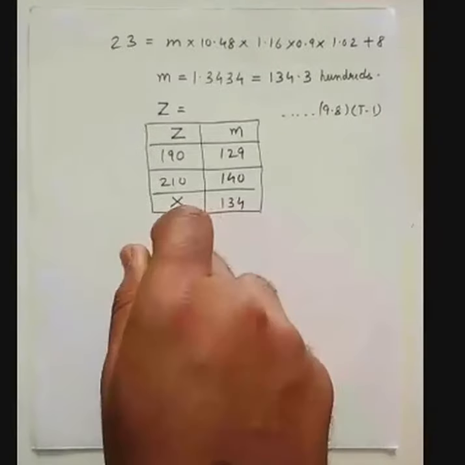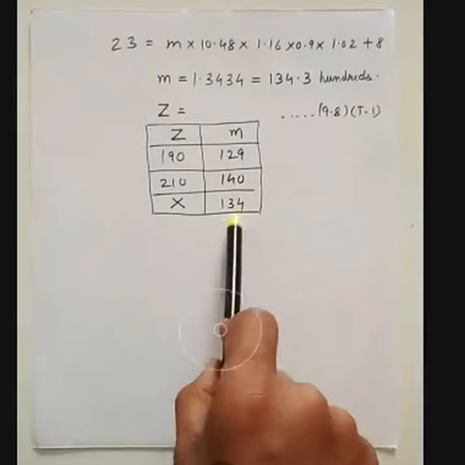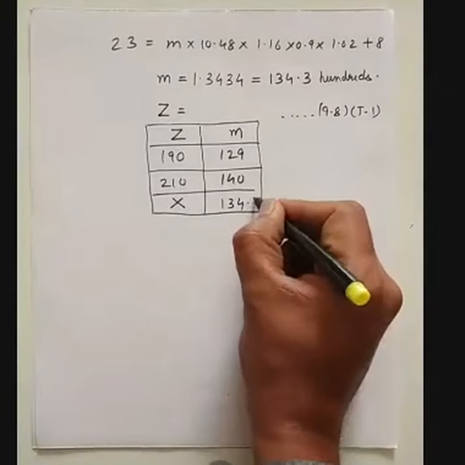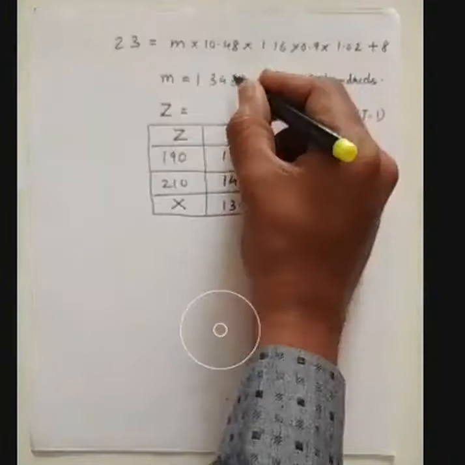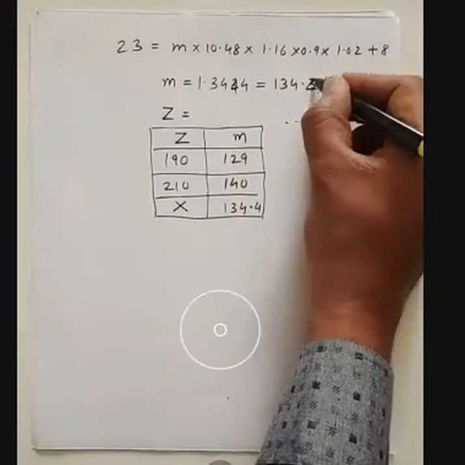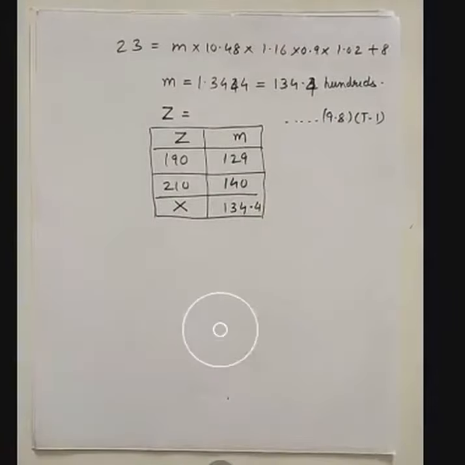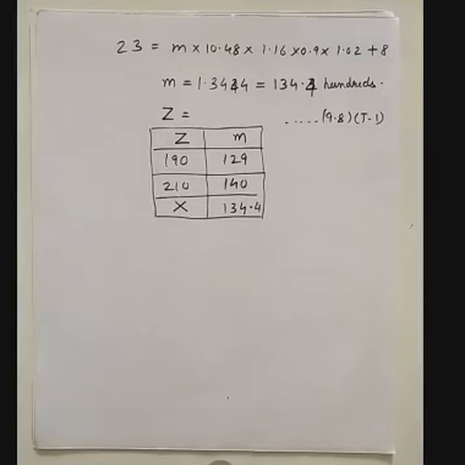We want this value of Z in thousands. Our M in hundreds is 134.3 or 134.4, you can say. So the answer available in PSG is 129, 140. We want for 134.4. So we need to cross multiply and get the answer.